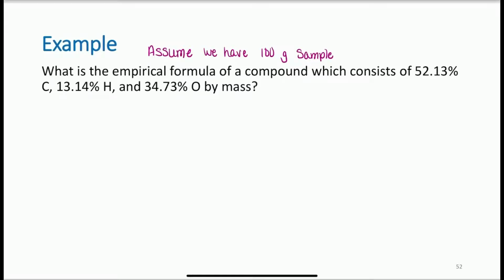If we have a 100-gram sample, that means that I have 52.13 grams of carbon. I have 13.14 grams of hydrogen. I have 34.73 grams of oxygen.